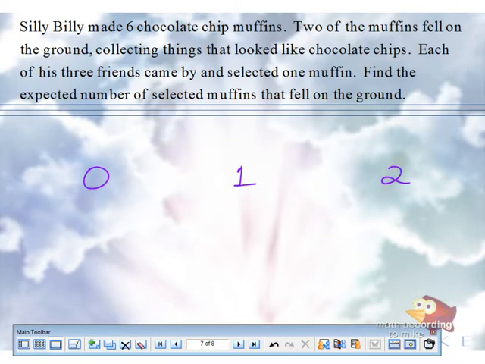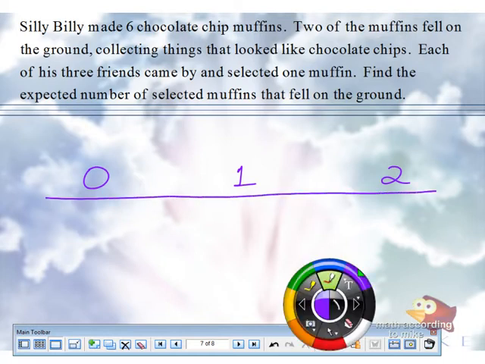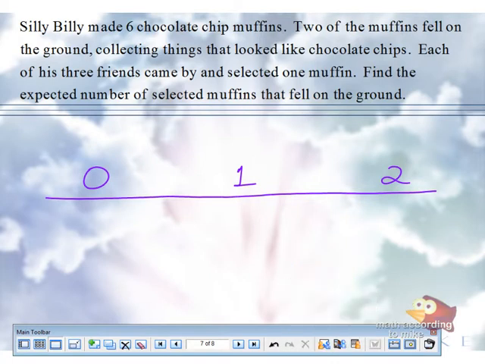Even though he has 3 friends picking a muffin, only 2 muffins fell on the ground. So for each outcome, we find the probability and the payoff, which in this case means the number of muffins that fell on the ground.